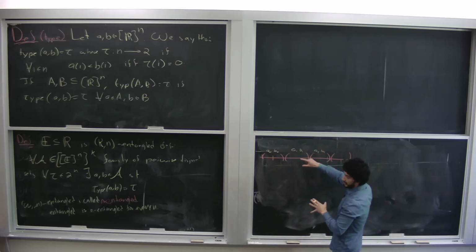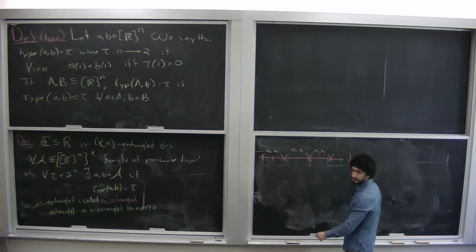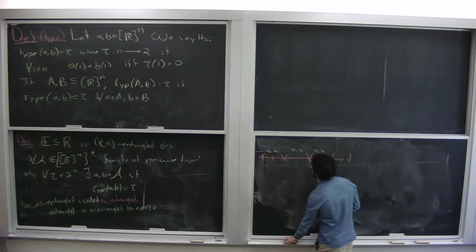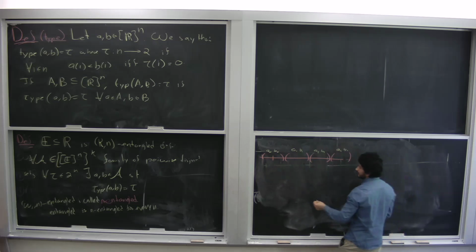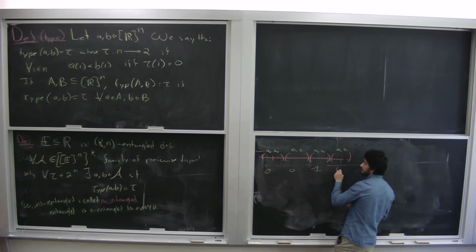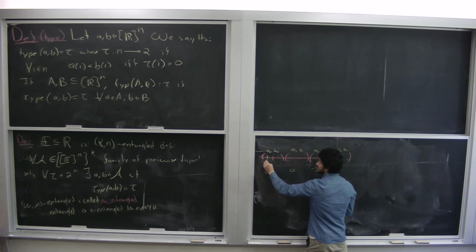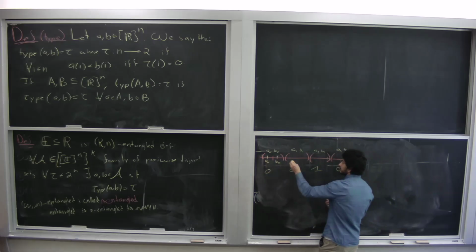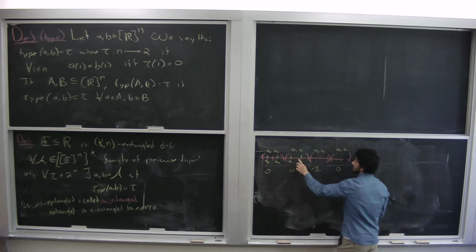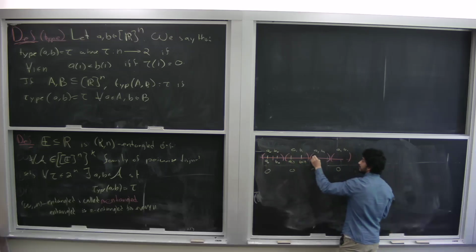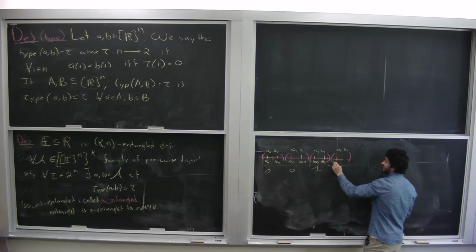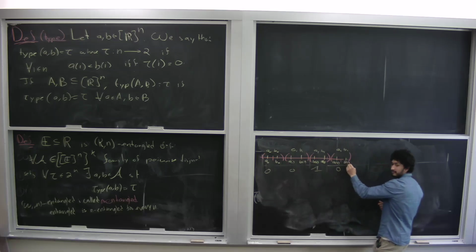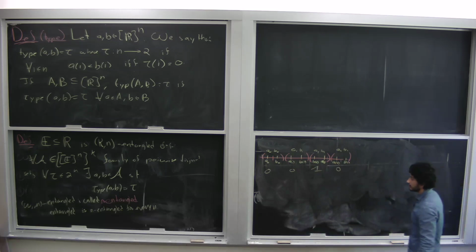So in this way the picture of A and B can always be thought of as a nice picture. And just to complete the drawing, let's say that the type is 0, 0, 1, 0. Then in this case we will have here A0, B0, A1, B1, B2, A2, and A3, B3, right? Great.